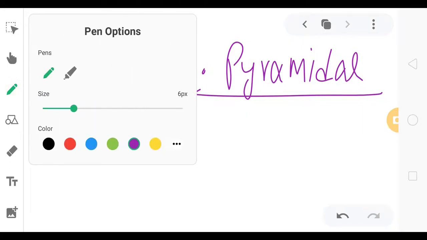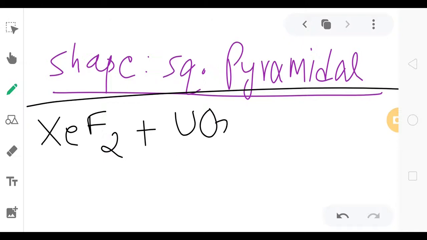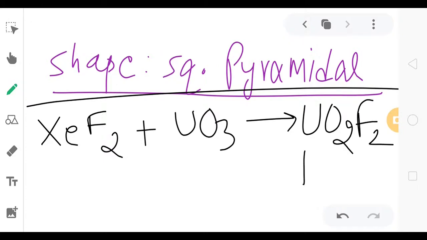Now we have another reaction of XeF2 with uranium trioxide. A very important reaction to synthesize nuclear fuel. You end up with UO2F2, and then finally it gives UF6.